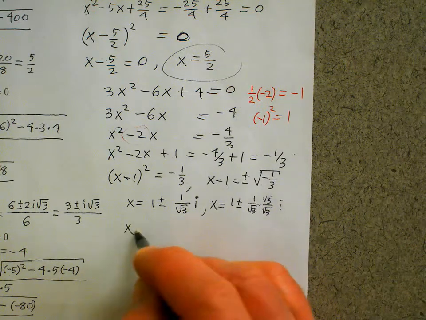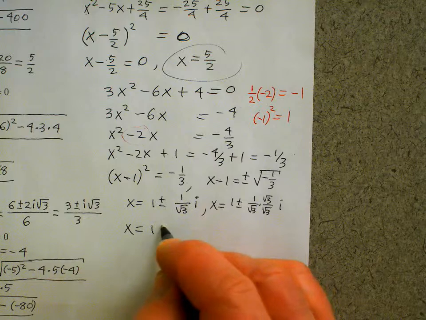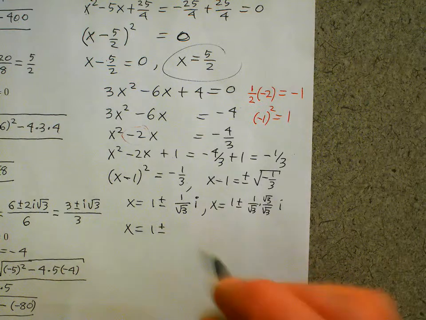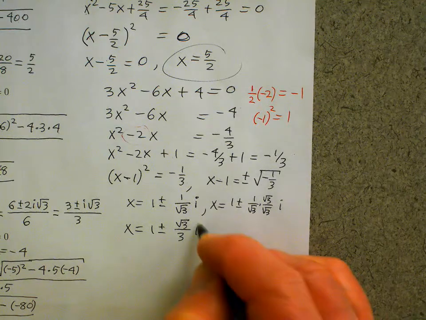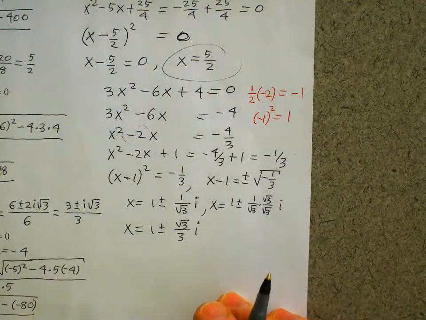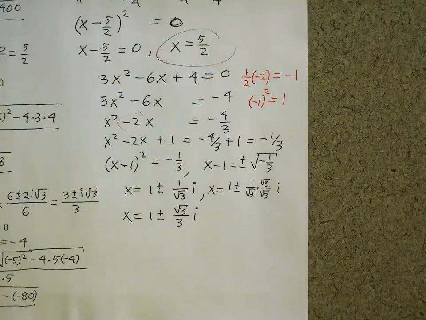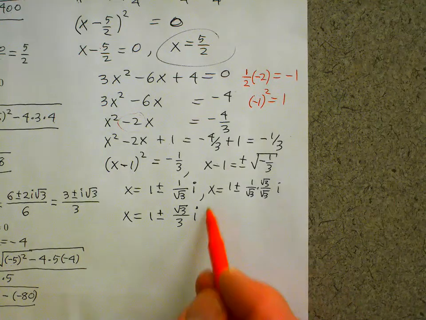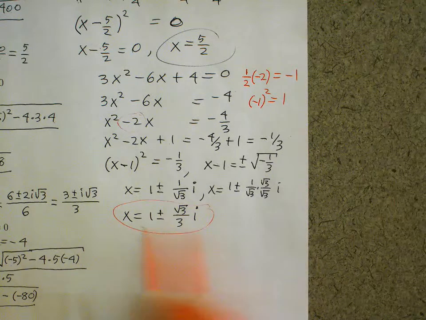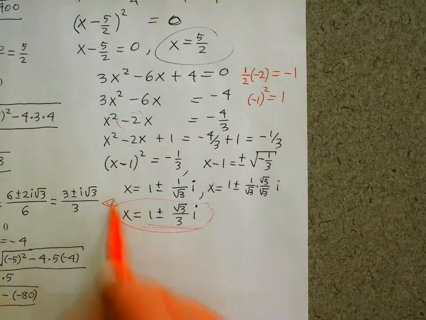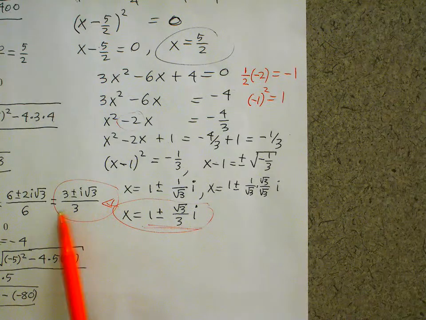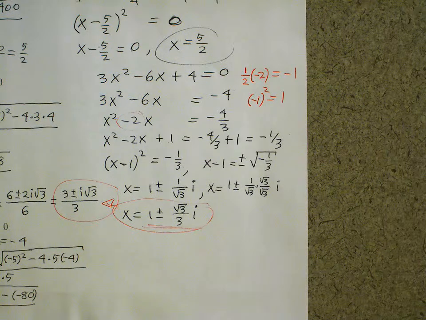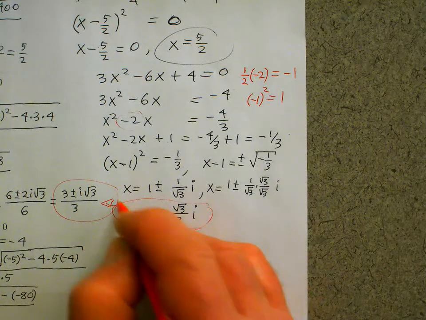And then finally we get x equals 1 plus and minus the square root of 3 over 3 times i. So this is an okay answer, or the first time we did it, we had the entire expression in the numerator all over 3, but those are equivalent.